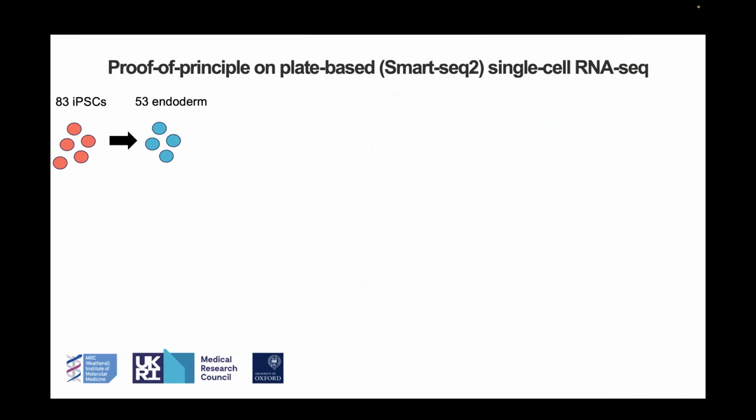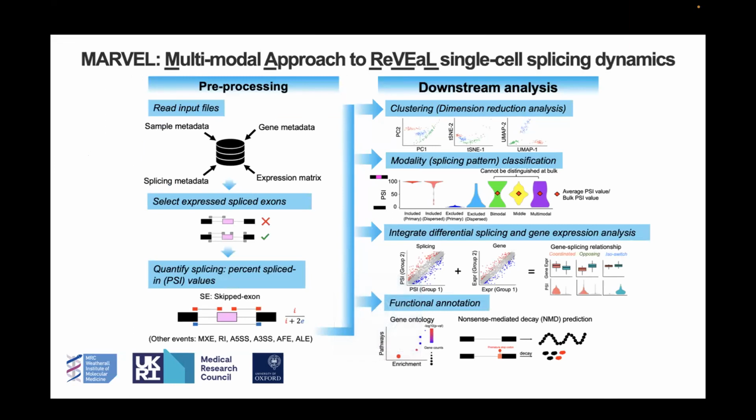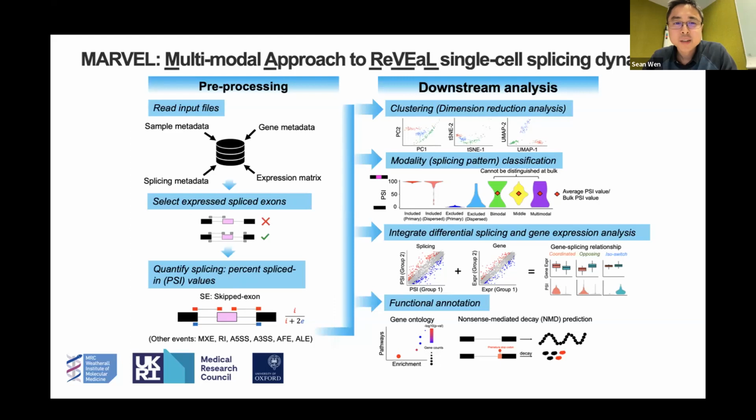For sure. The previous slide, when you say that you take as input the expression matrix, this expression matrix quantifies which feature, each one of the exons or the gene in total? So the expression matrix is just your gene expression matrix. Marvel would quantify and generate the splicing expression matrix internally.